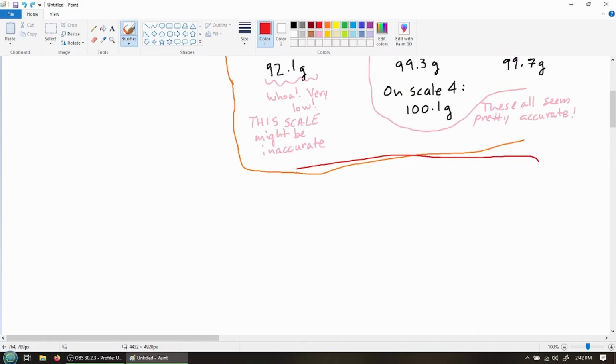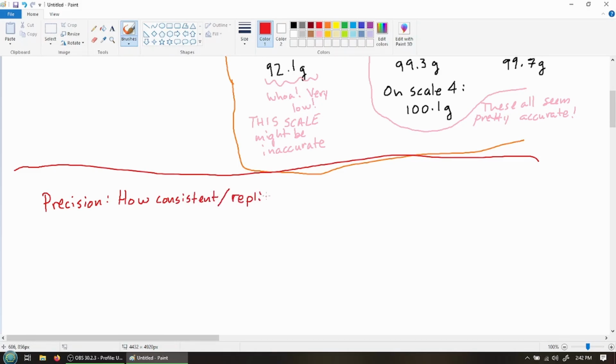So as you might have gotten from what we just talked about, precision is how close our measurements are to each other. In other words, how consistent are we? And in fact, I might write consistent or replicable.